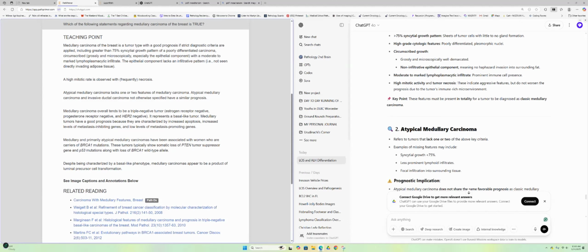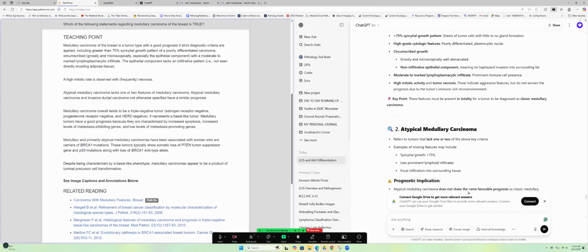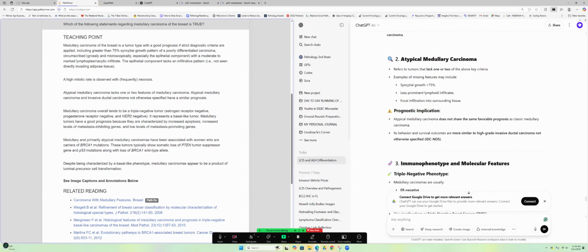Atypical medullary carcinoma. Tell me more about atypical medullary carcinoma. It has similar architecture or morphology to medullary carcinoma, but doesn't contain all of the features found in medullary carcinoma. It's invasive ductal carcinoma, not otherwise specified, with medullary features; it doesn't have all the features, but it has some overlap.